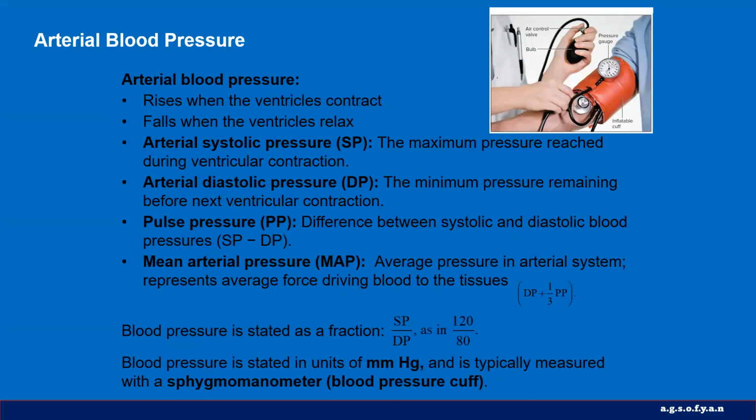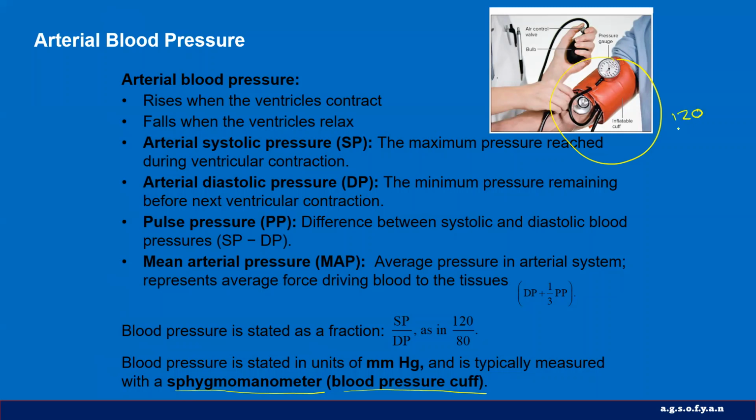Again, when we measure the blood pressure, we use a device called a sphygmomanometer. This is a blood pressure cuff. Then you will receive two numbers.